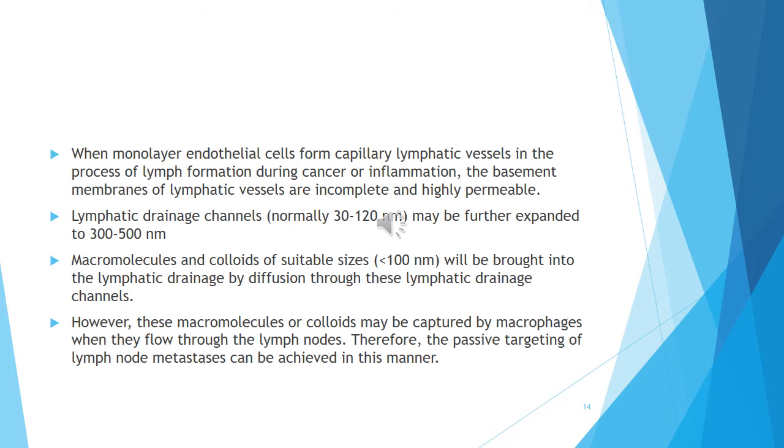Macromolecules and colloids of suitable size, less than 100 nanometer, will be brought into the lymphatic drainage by diffusion through these lymphatic drainage channels. However, these macromolecules or colloids may be captured by macrophages when they flow through the lymph nodes. Therefore, the passive targeting of lymph node metastasis can be achieved in this manner.